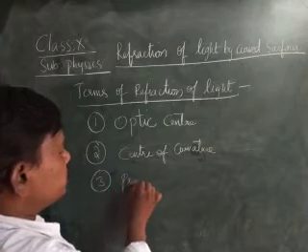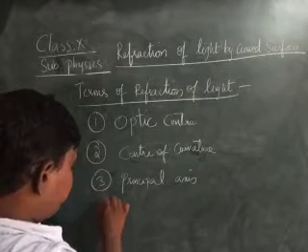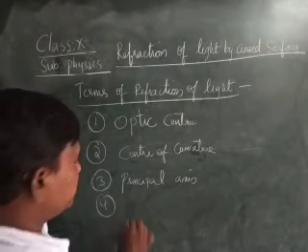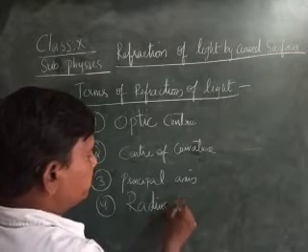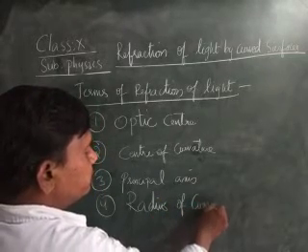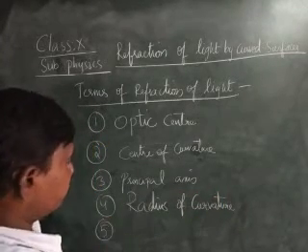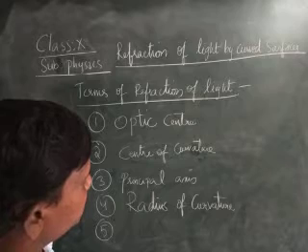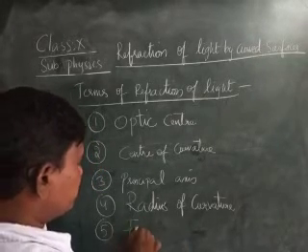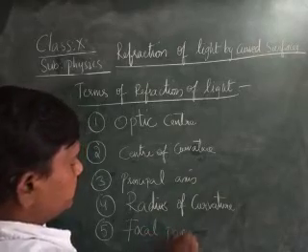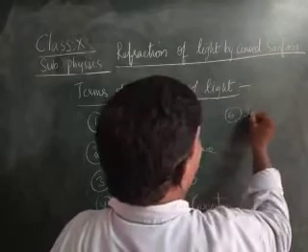Principal axis. Radius of curvature. Optic center, center of curvature, principal axis, radius of curvature, focal point, and focal length. The sixth one is focal length.